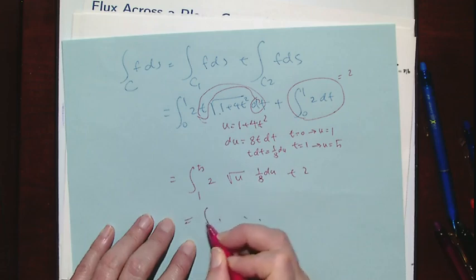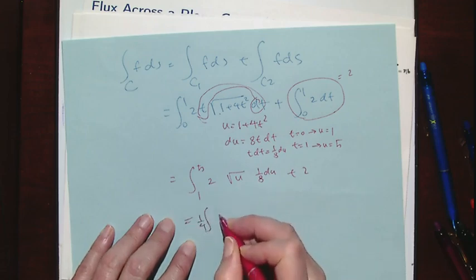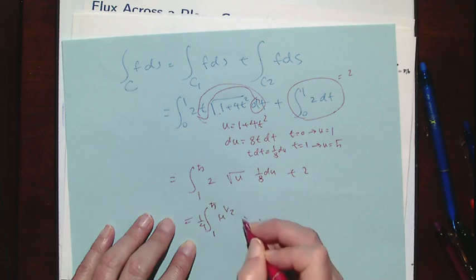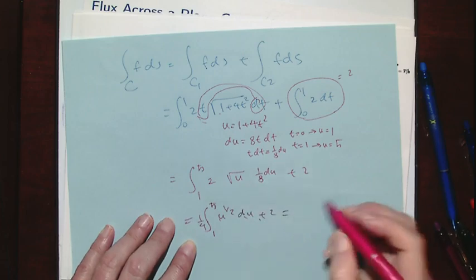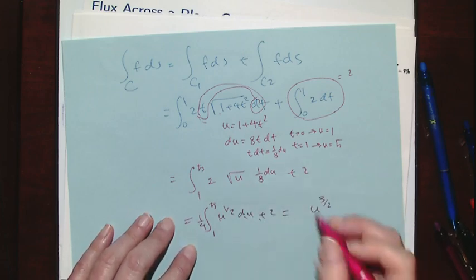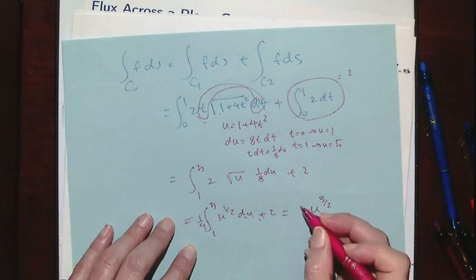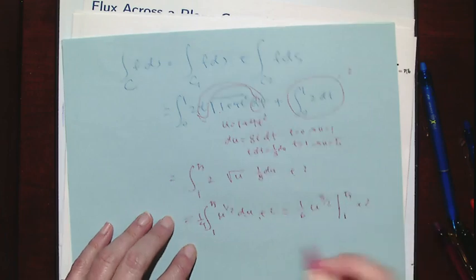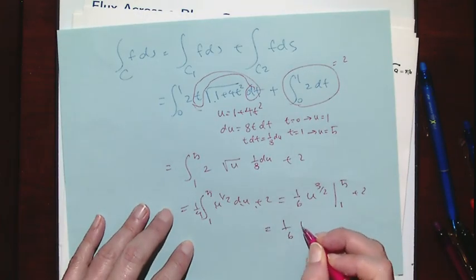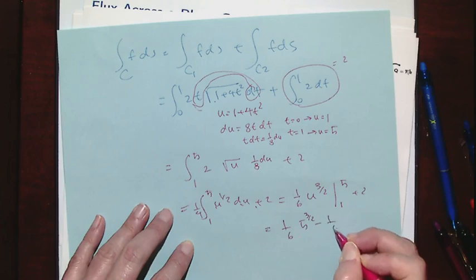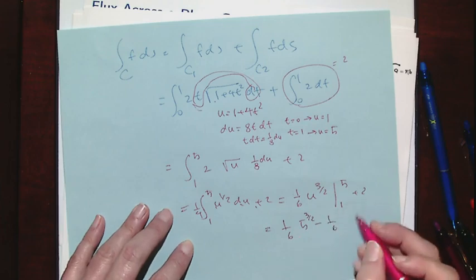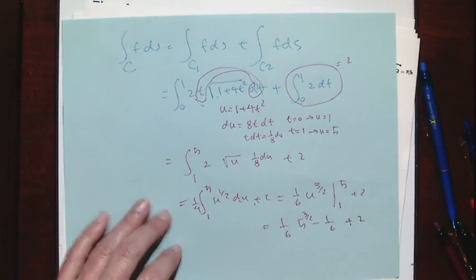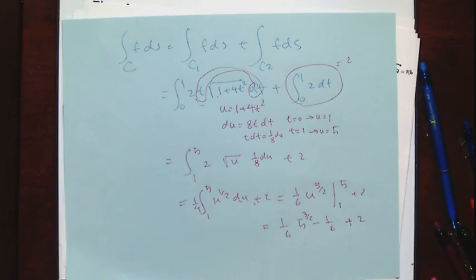So it's integral of 1/4 of u to the power 1/2, 1 to 5 du plus 2, which is u to the power 3/2 times 2/3, which is 1/6 of that, 1 to 5, plus 2. That is 1/6 of 5 to the power 3/2 minus 1/6 of 1 to the power 3/2 plus 2. And then you compute it. Good? Okay. And you find the common denominator and stuff, which I'm not doing.